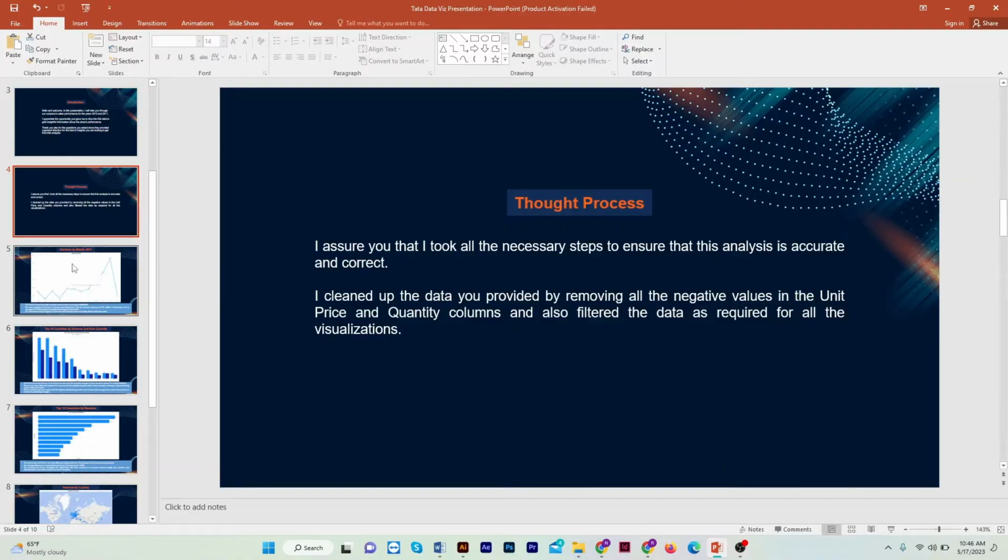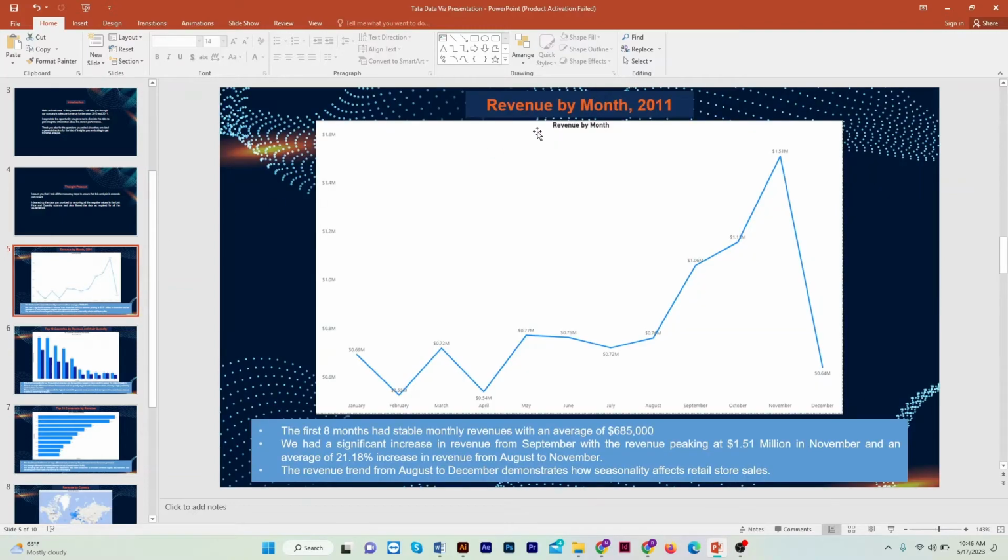So jumping into the first question, the CEO wanted to see monthly revenue for the year 2011. So this line chart shows all the monthly revenues for the year 2011 from January to December. However, there was insufficient data for December, so that's why we had a sudden drop in the sales from November to December.